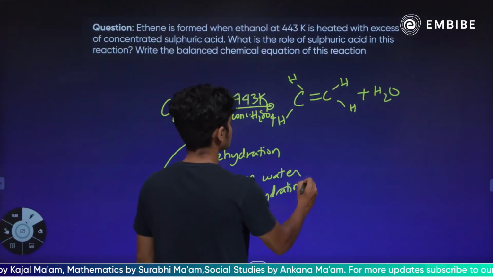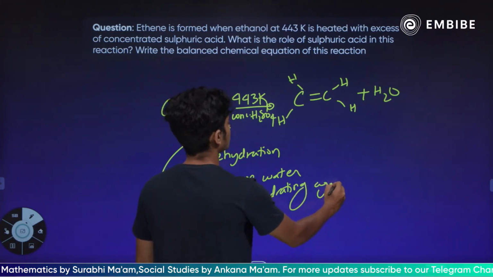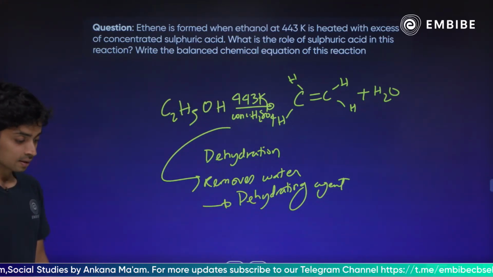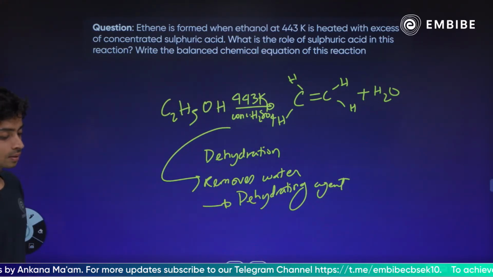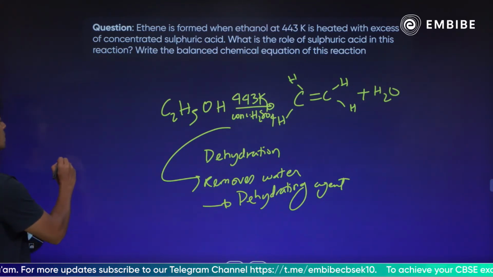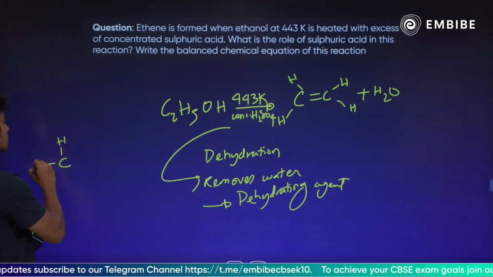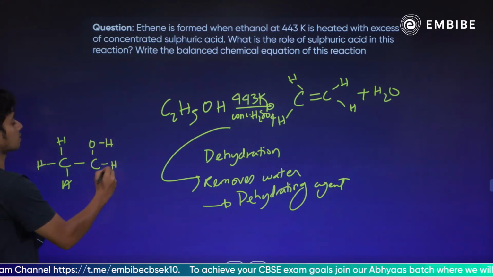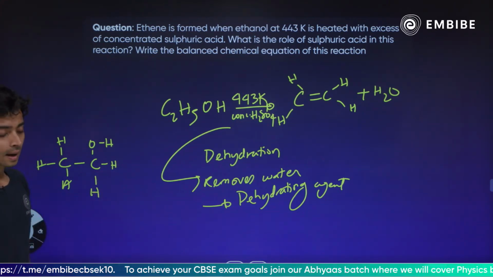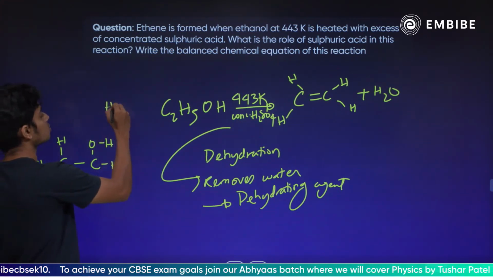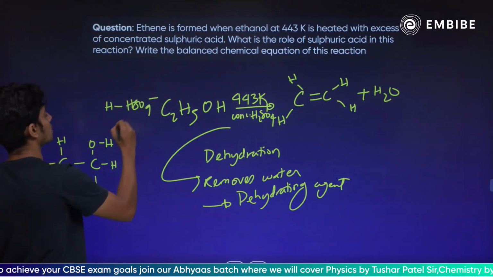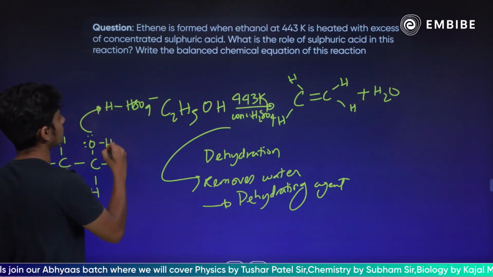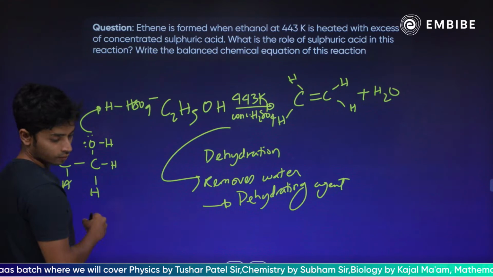In which steps it works, you will read in higher grades, but I can tell you a few parts. The first step is that you protonate the alcohol. Your alcohol looks like this: H, H, H, C, O, H, H, H. This is ethanol. It takes one proton from your sulfuric acid and latches onto it.